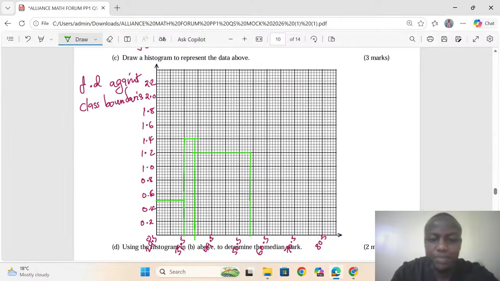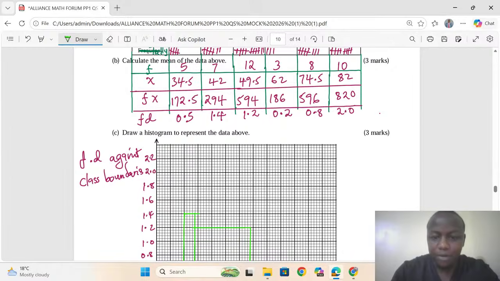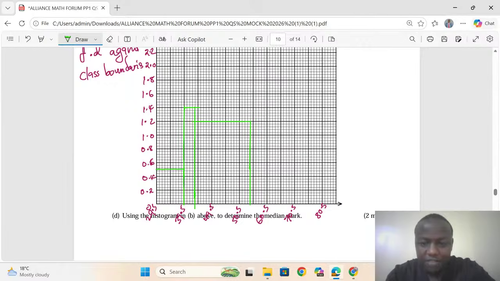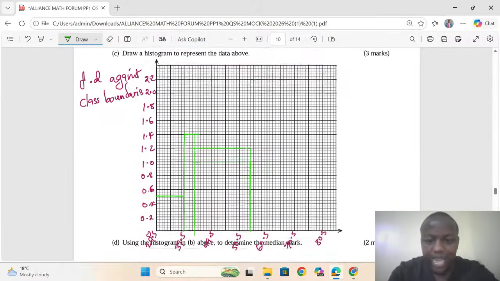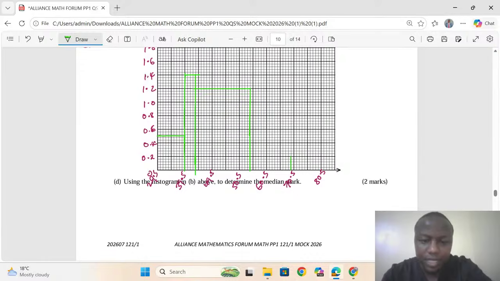So the height is maintained there. Now from 54.5 all the way to 69.5. 69.5 is just before 70.5, and the height is 0.2.